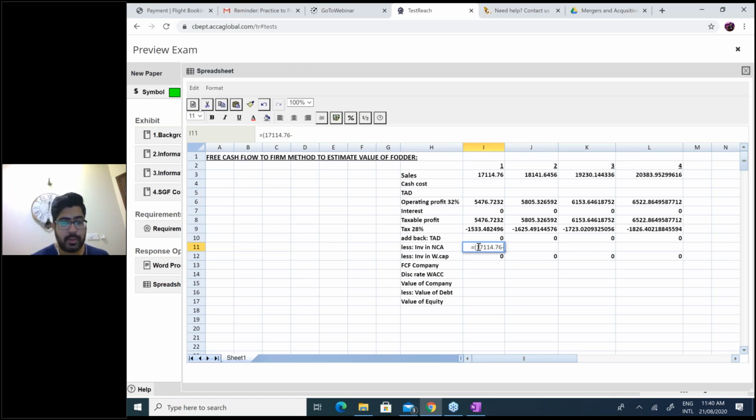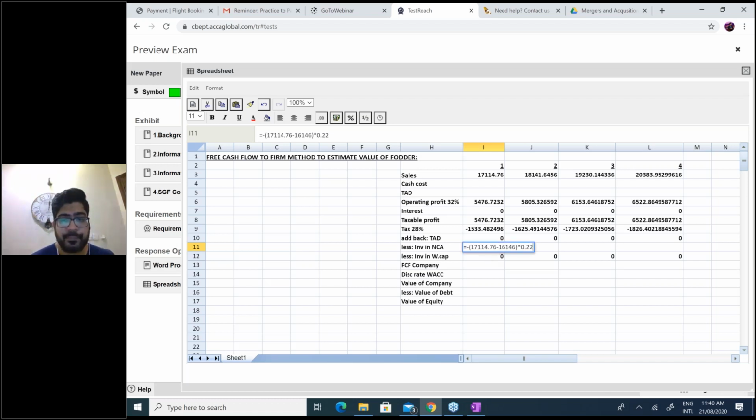From the last one, 16146, this difference made it the increase in revenue, and 22 cents per dollar of increase in revenue. So this is the investment in non-current assets. You took the difference in revenue, 16,146 to 17,114, which is the increase in revenue, and applied 22 cents on it.